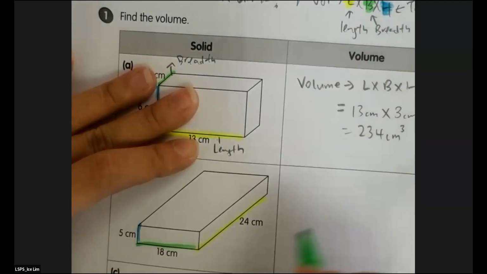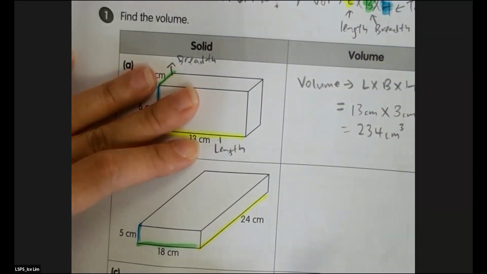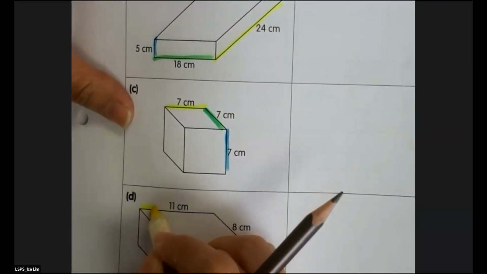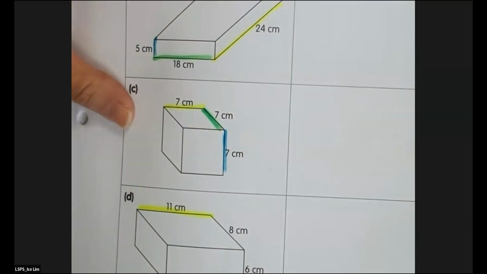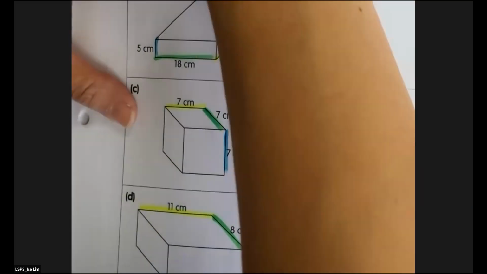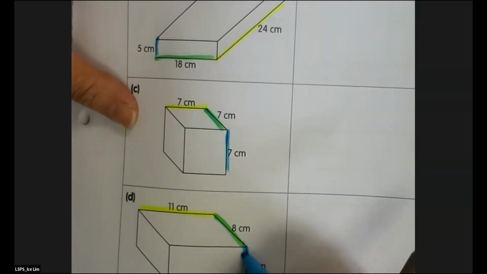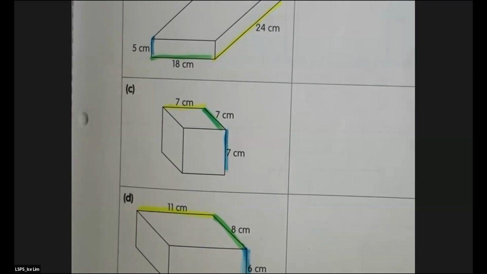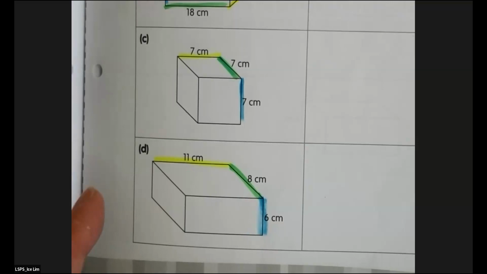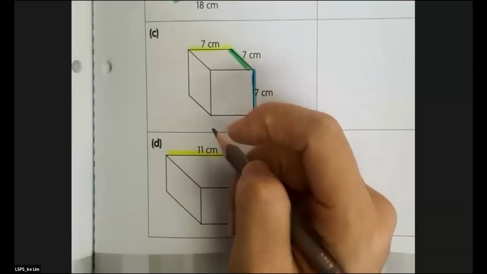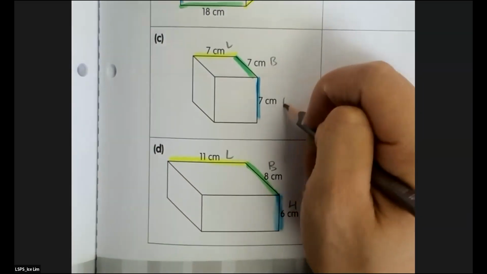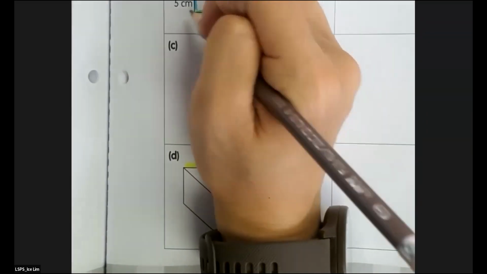Oh, sorry, this is 3. Length, breadth, height. Have you done this? That is straight. Length, breadth, height. Length, breadth, height. Length, breadth, height.